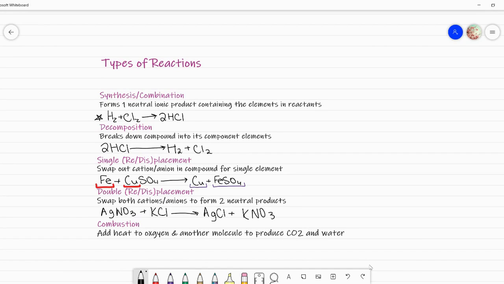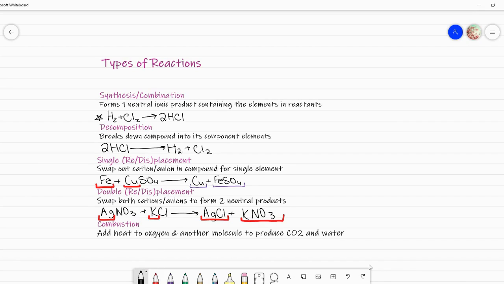Similarly to what we did before, they're kind of switching partners in this case. This right here, silver, used to be with nitrate, but now it's switched, so it's with chlorine, or now it's silver chloride. Same thing, the potassium used to be with chlorine, but now it's with the nitrate.